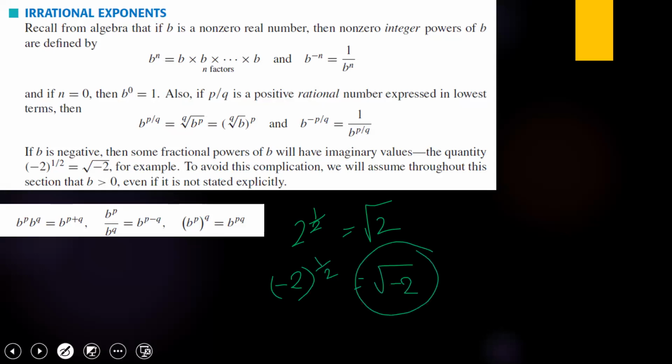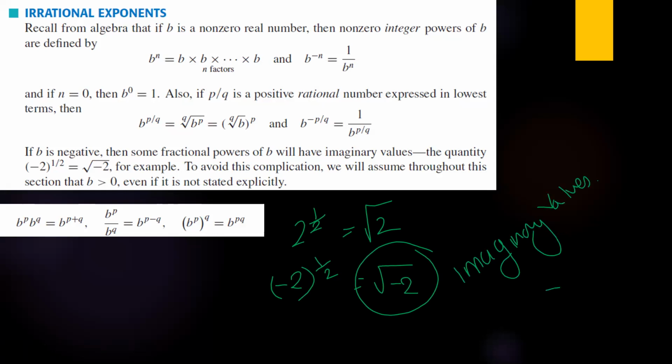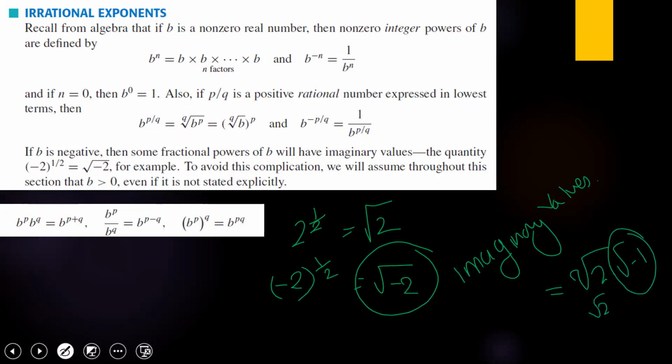And what do we call this type of values? It is an imaginary value. So we say it is the square root of 2 times the square root of negative 1, which is the square root of 2 times i.